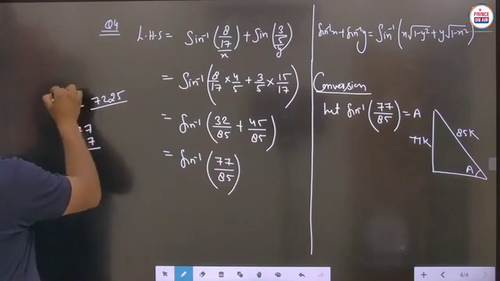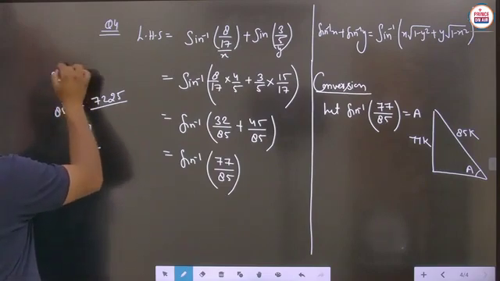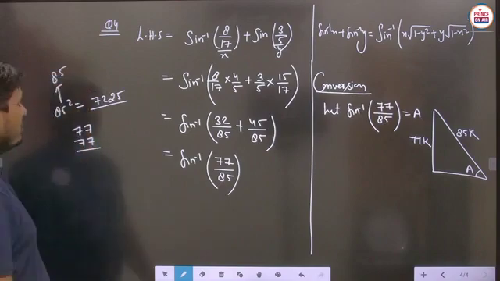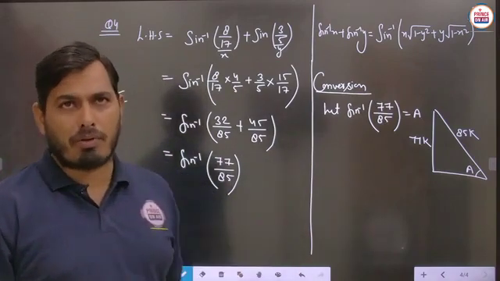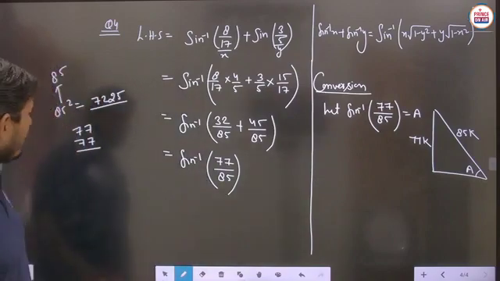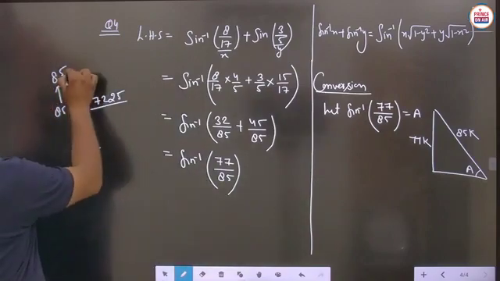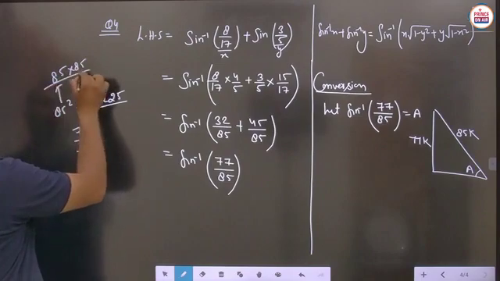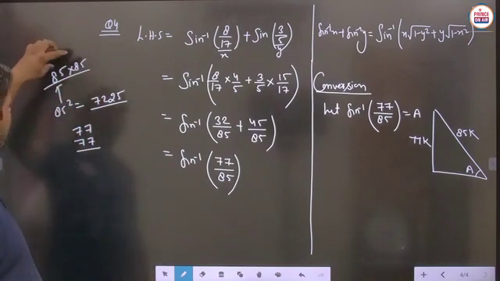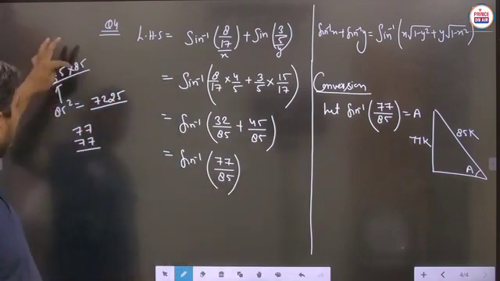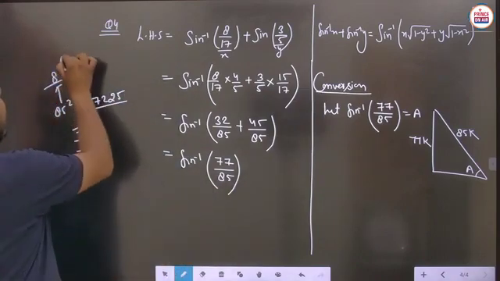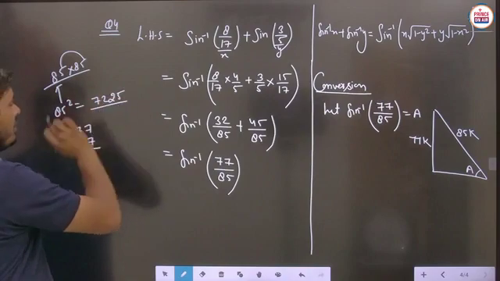Here, how to get 85 square: for a number whose last digit is 5, you can directly guess the square. What should be the trick? Student, you can just multiply 85 and 85. This trick is only for numbers whose unit place digit is 5. Is it to be clear? So 5 into 5, first we multiply the last digits, and we write here 25.